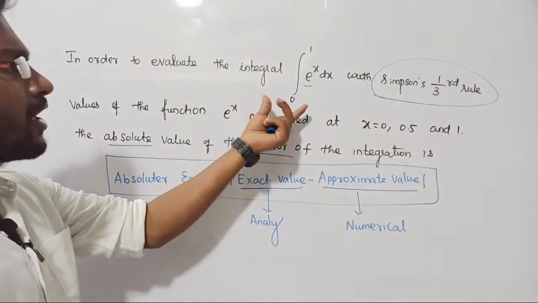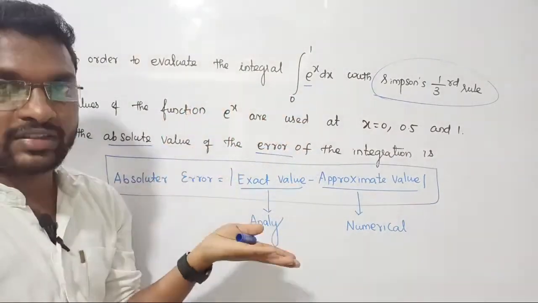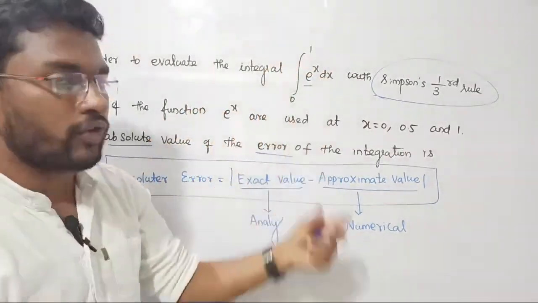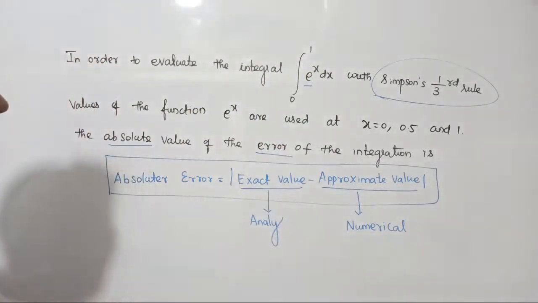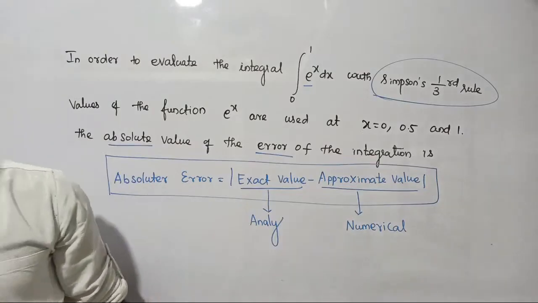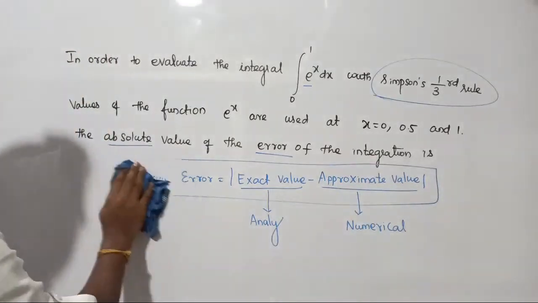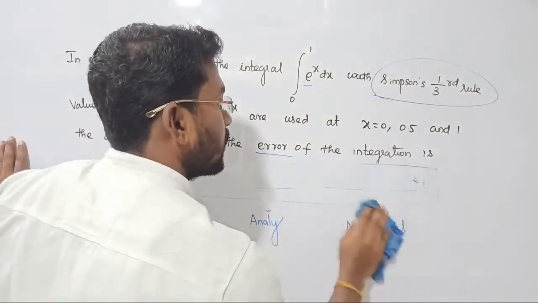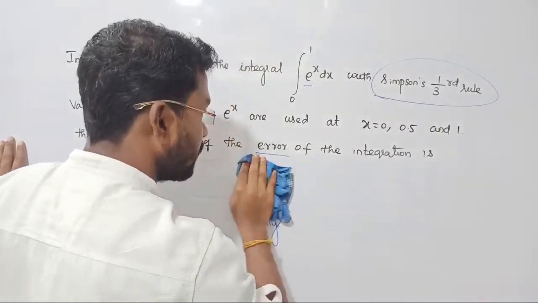In analytical, normal integration, integrating e power x gives e power x, just substitute the upper limit and the lower limit and find the answer, right? So let's try and bring the answer for this beautiful question. I was looking for this type of question, finally I got it. Fine.